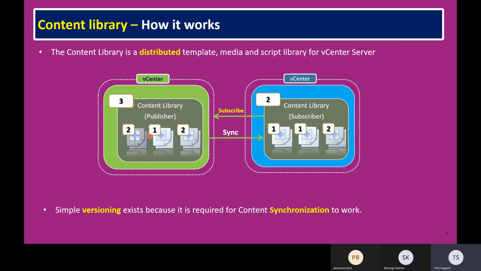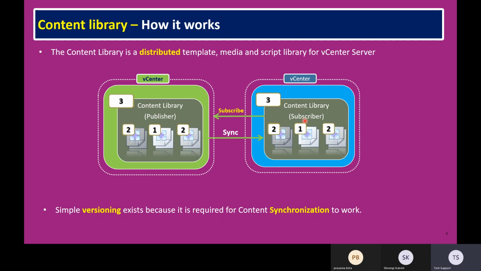These changes will automatically sync with our subscriber content library. Through auto synchronization, the subscriber content library also updates its version to 3, and the templates also get the latest. Whatever changes happen on the source vCenter will automatically sync with our subscriber content library.